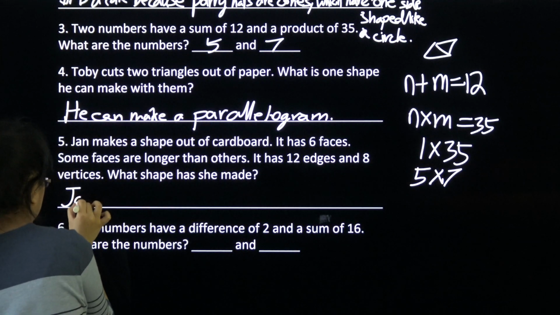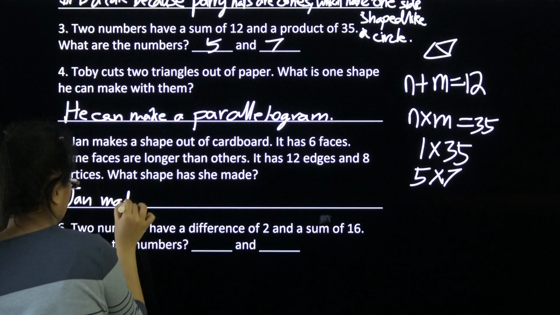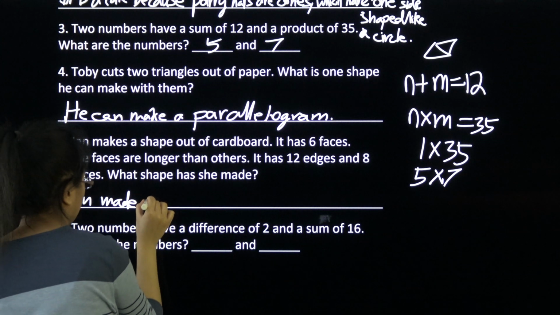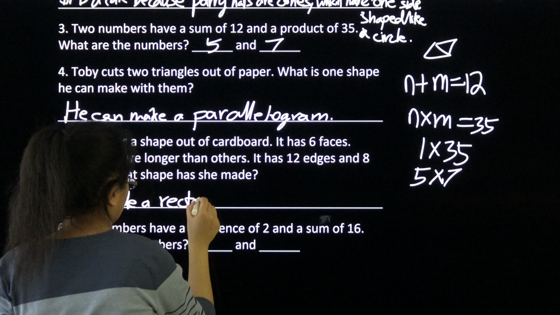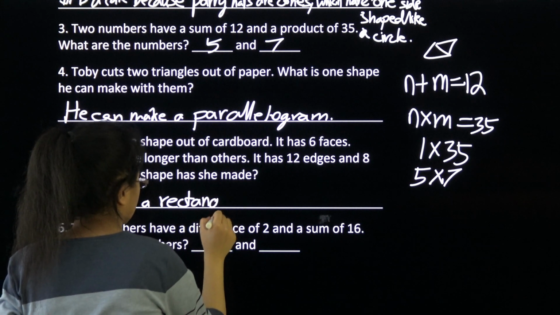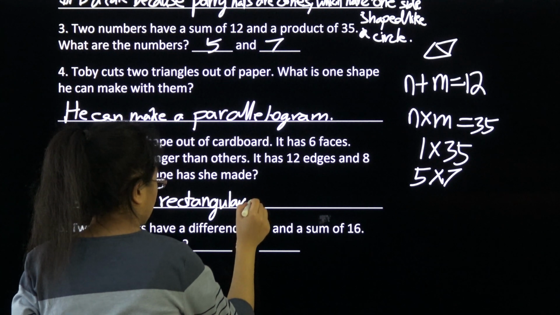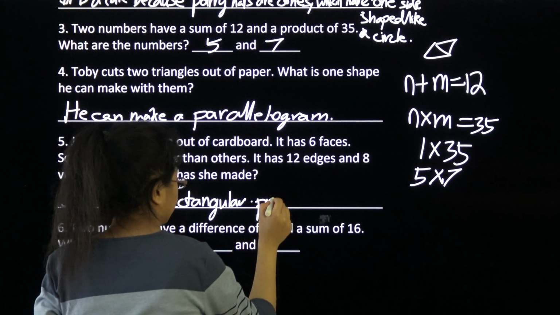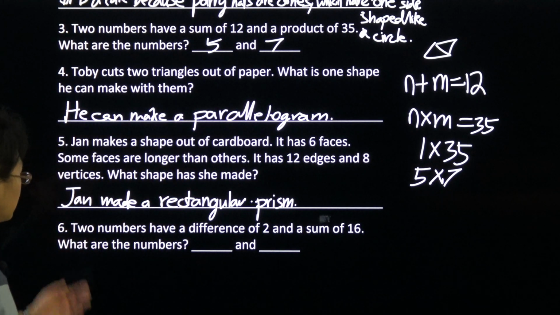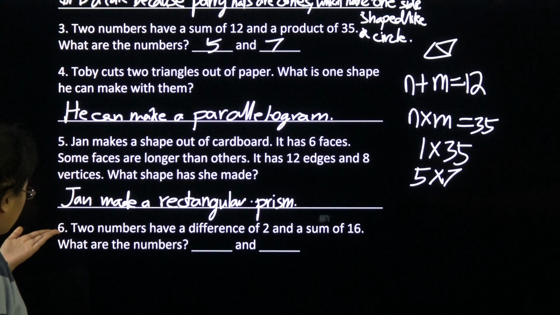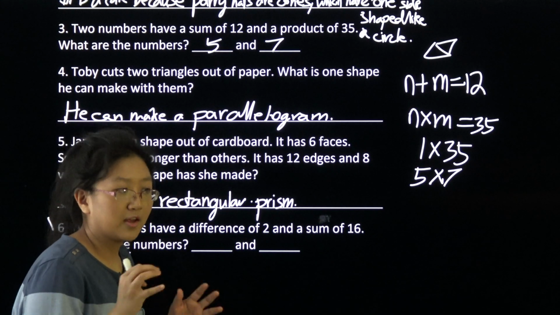Jan made a rectangular prism. Make sure you answer in full sentences, because if you don't answer in full sentences, some teachers will actually take marks off.